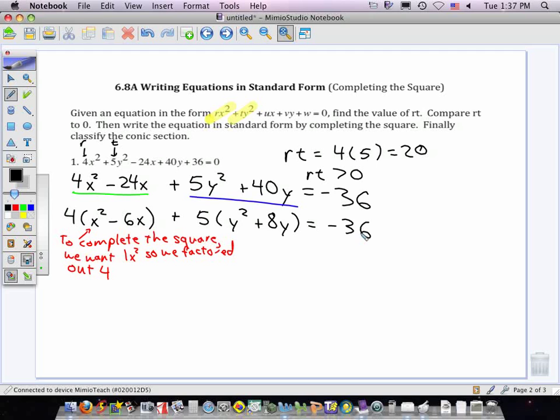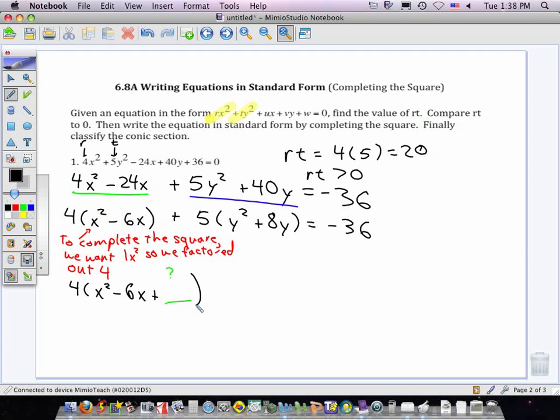So now what I'm going to do is rewrite this, leaving some space in the parentheses. And we're going to figure out what number we need to put in that parentheses so that we could write x squared minus 6x plus that number as x plus or minus some quantity squared.